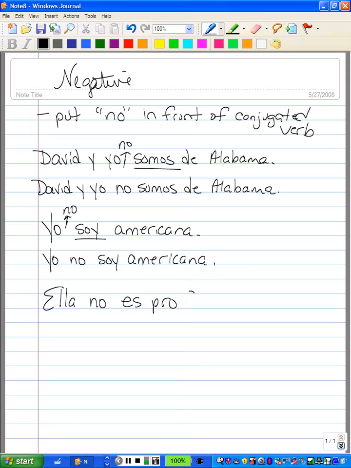Or you could say ella no es profesora. That's the word is, that's the conjugated verb. We put the word no directly in front. Ella no es profesora.